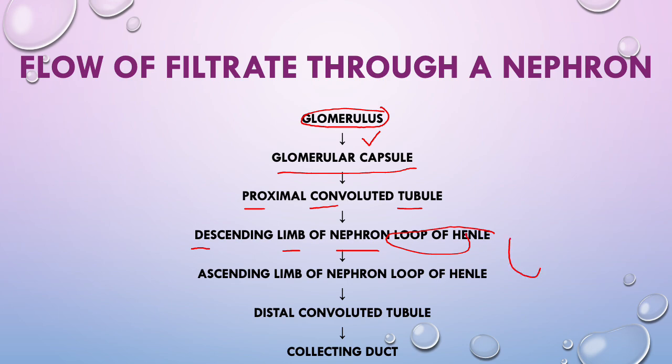At this point, we are at the U-shaped portion. So now we're going down, and then we're going up at this area. And then the DCT, distal convoluted tubule, and then to the collecting duct, where we talk about urine.